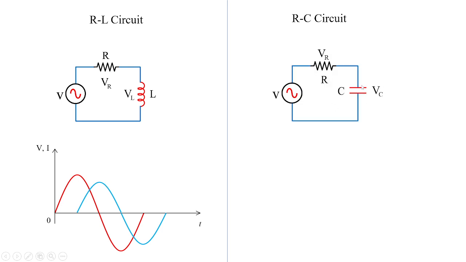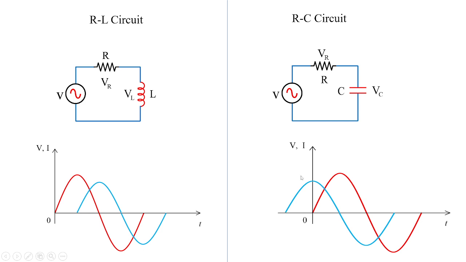Whereas in capacitor, when you consider RC circuit, the current leads voltage. So this is what we have seen in our theoretical classes, and also we have solved many numericals based upon these concepts.